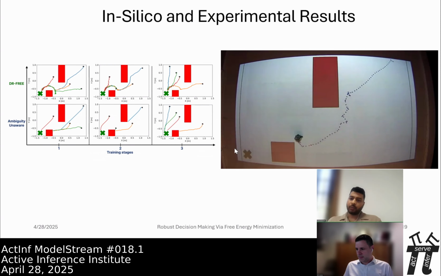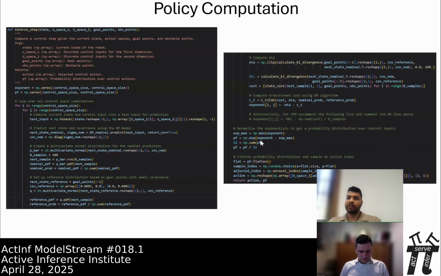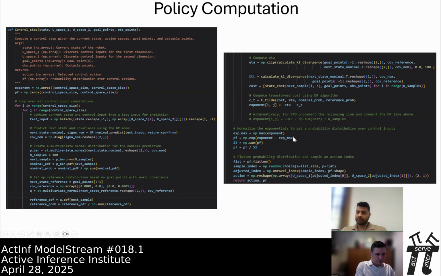One thing that would be interesting to see, if you allow me to go back a little bit. Okay, so policy computation here. You can see that we are looping over all the possible actions, but you don't need to do that. You can use multi-threading or some parallel computation, and compute the cost for all the possible actions in parallel, which I think will make it much faster.